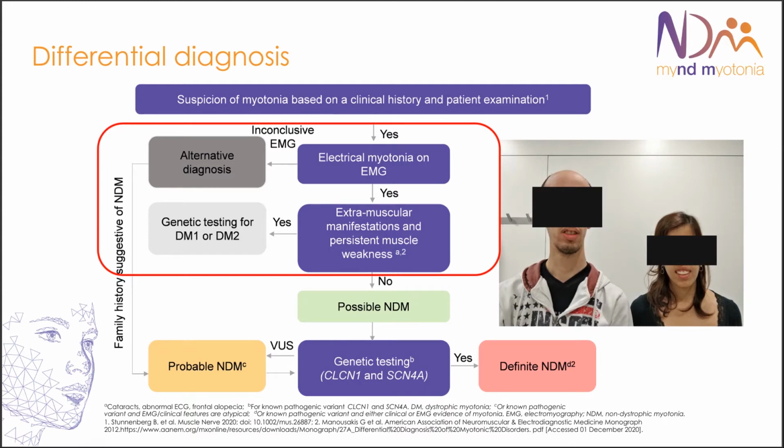So I would start checking if the patient has myotonic dystrophy type 1 or type 2. But if we have a patient that has just myotonia, without any extramuscular manifestation and without muscle weakness, I would probably think of a non-dystrophic myotonia, and then we can do a genetic test for the chloride and sodium channels.